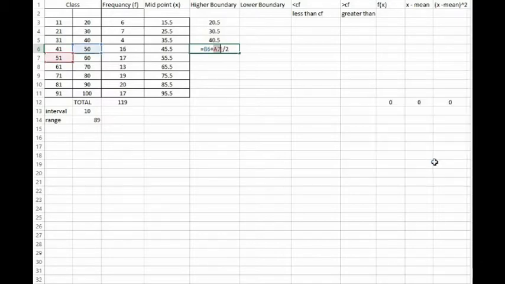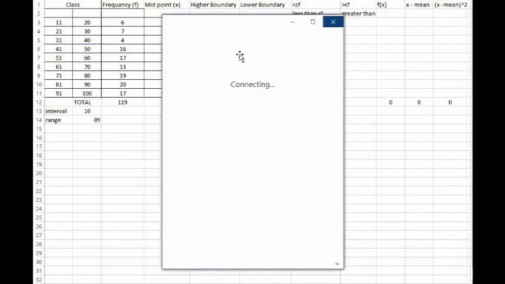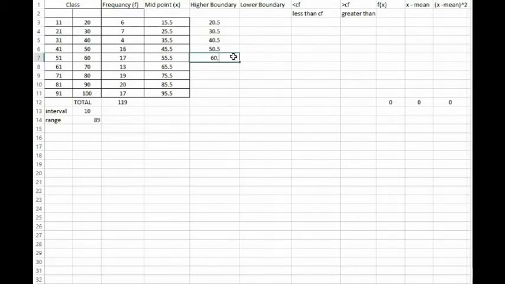Okay, so matapos natin yan. Or pwede rin naman 70 plus the interval. So, you have 100.5. So, bakit natin kinukuha si higher boundary?